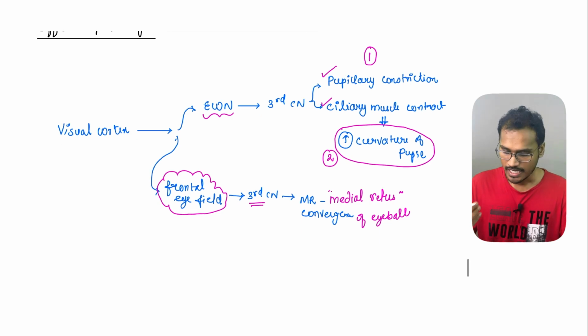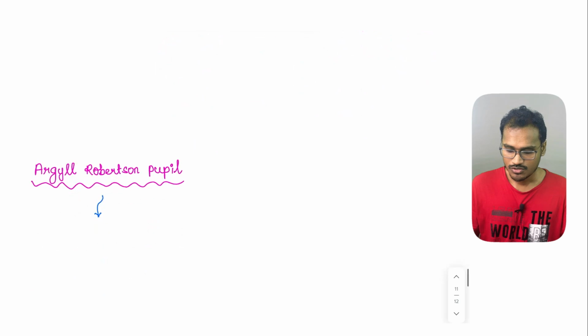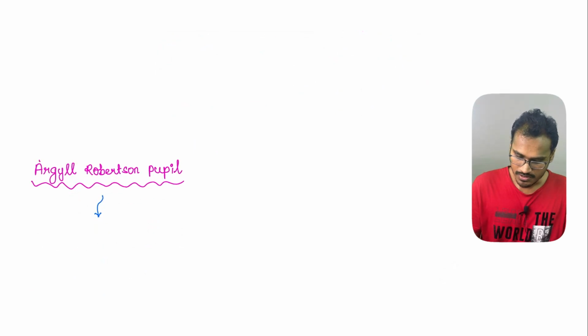Next, there is a syndrome which is called Argyll-Robertson pupil, ARP. So from here itself there is a clue, ARP. You can write it like accommodation reflex present, ARP.